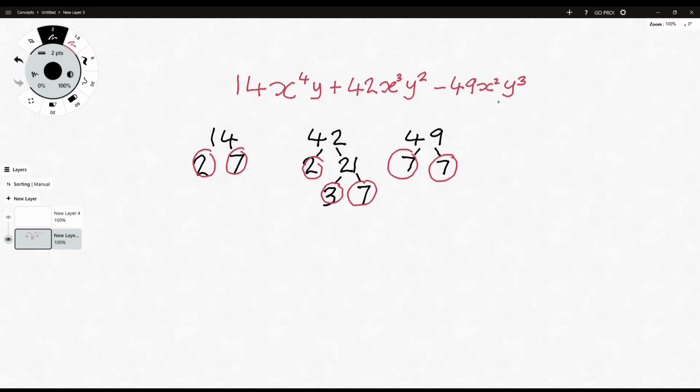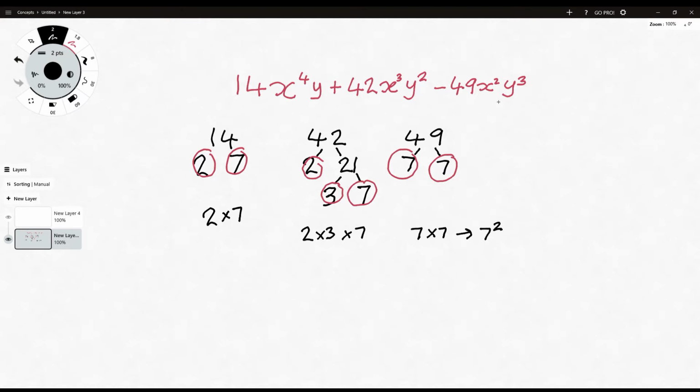What we now do is write down below what the prime factors actually are. In this case it's 2 times 7, then 2 times 3 times 7, and here we have 7 times 7, which we know is 7 squared.